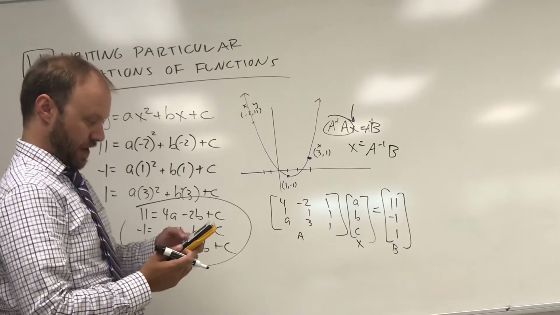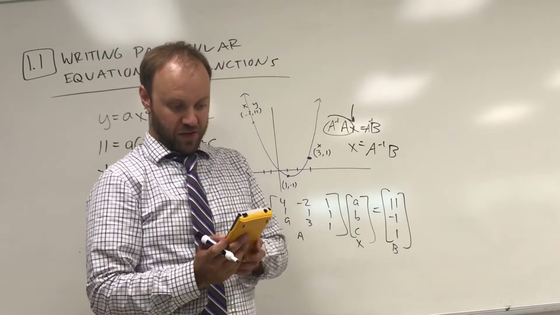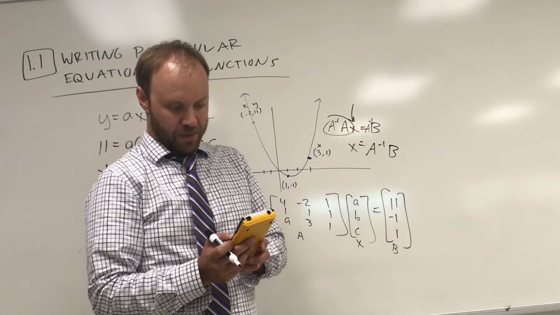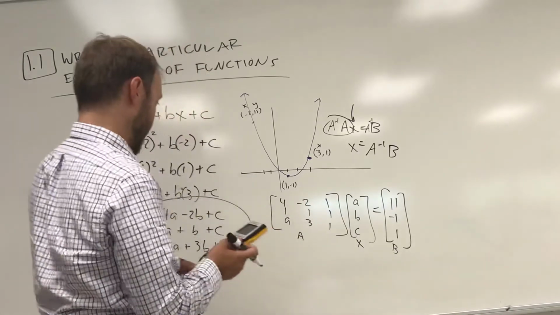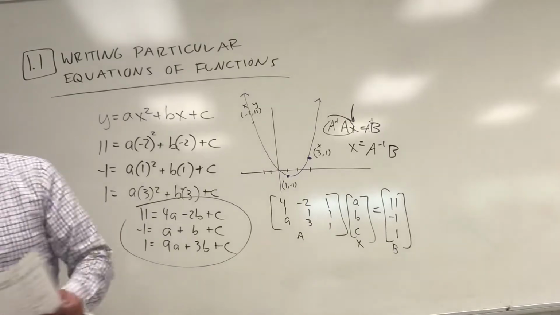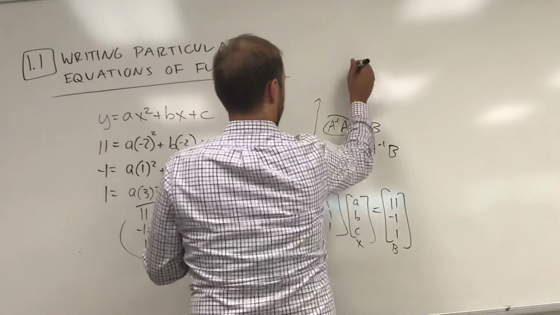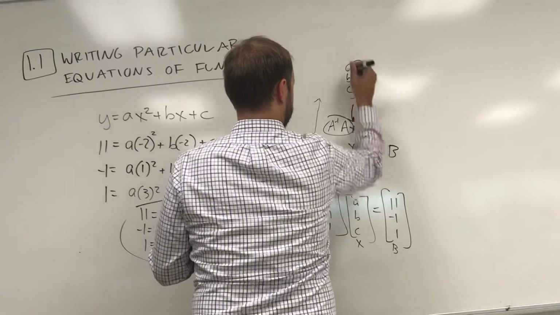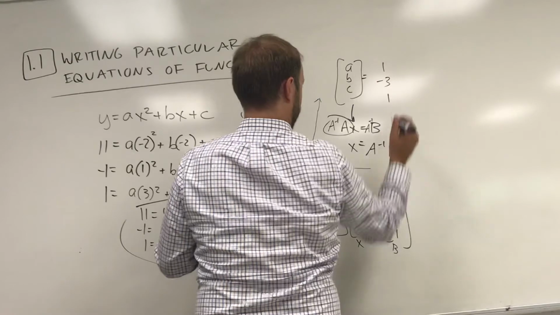If you put all that in your calculator, hopefully you remember how to do that, or hopefully you've watched that video. Once I run those numbers, we should end up with the result of matrix a, b, and c being equal to 1, -3, and 1.